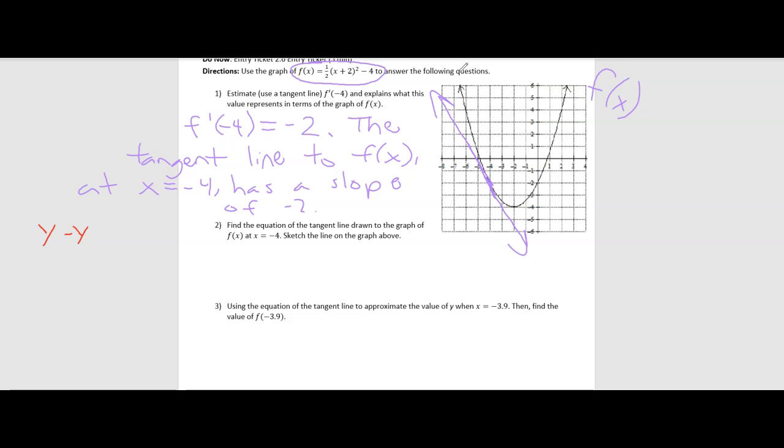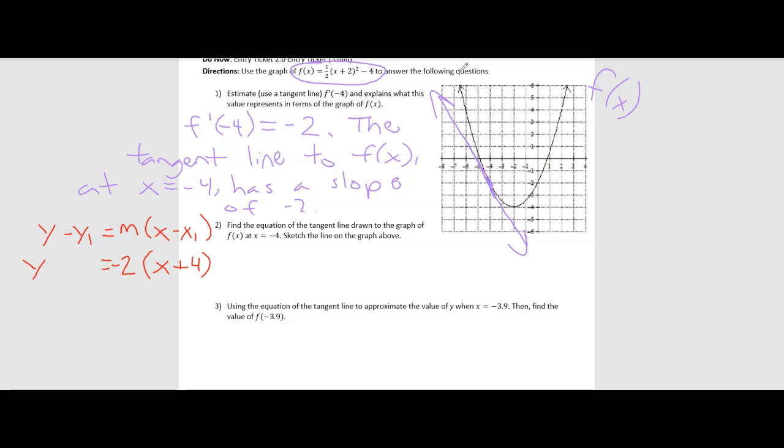So y minus y1 is equal to m times the quantity x minus x1. We know what our m is. We've already found that from number 1. So we know that our m is -2, so we can fill that in. And we know that our x is -4. So then we'll have x plus 4 inside parentheses. Now we just need to find our y1.